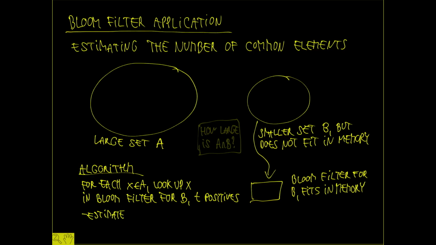Now you know that the false positive rate is going to be epsilon, so we can estimate the number of common elements as the number of positives minus the expected number of false positives.